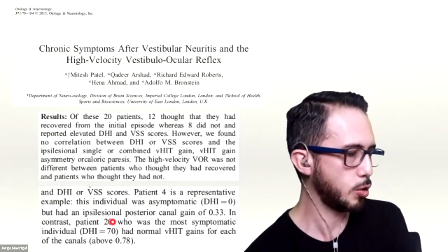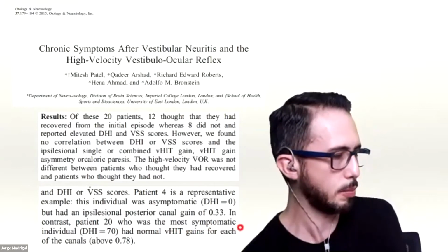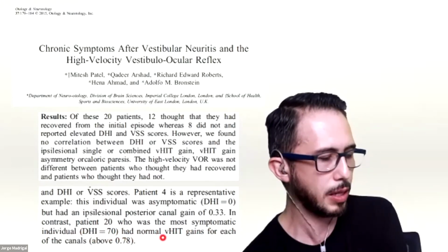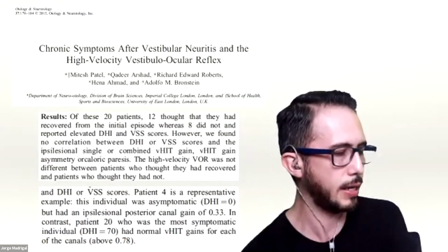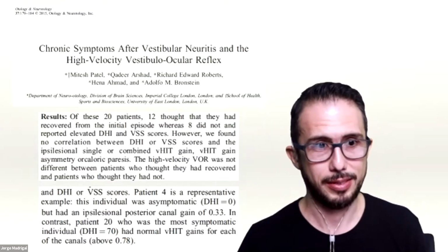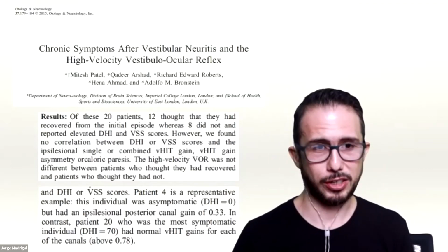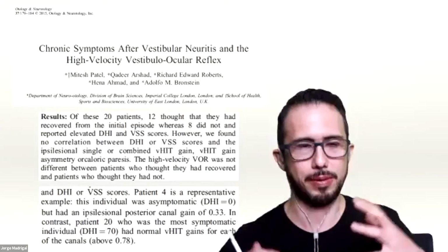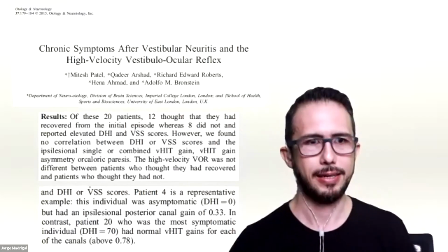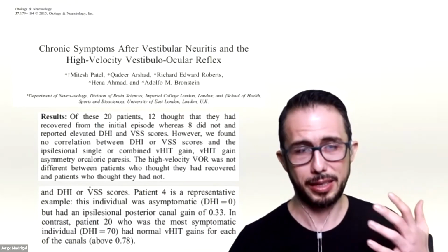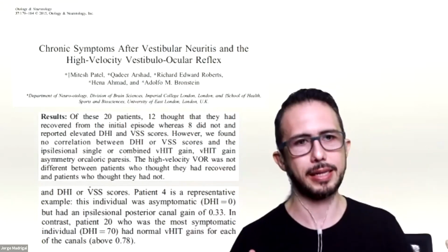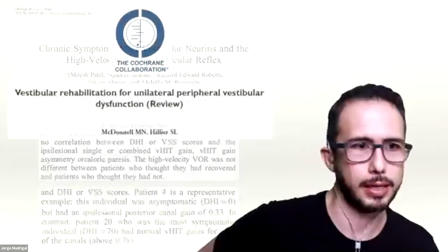In contrast, patient 20, who was the most symptomatic individual with a dizziness handicap inventory of 70, had normal V-hit gains for each of the canals. That's important because I prefer a patient that maybe in the V-hit does not have completely normal gains. It is more difficult to treat a patient with normal gains who is still very, very symptomatic, no?